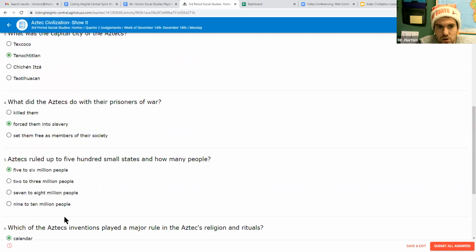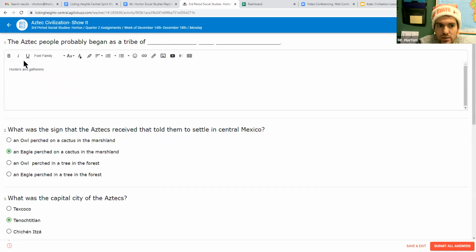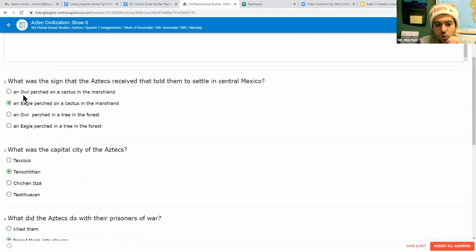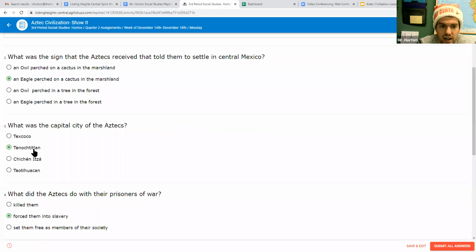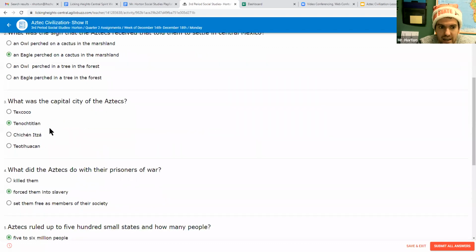Okay. So going back through these. Number one, we said the Aztecs were known as hunters and gatherers first. So they began as hunters and gatherers. Number two, the story of where they began to settle. They remember the old urban tale. They saw this eagle that was perched on a cactus in the marshland. That's what told them to settle in one location. Number three was Tenochtitlan. That's the capital city of the Aztecs.